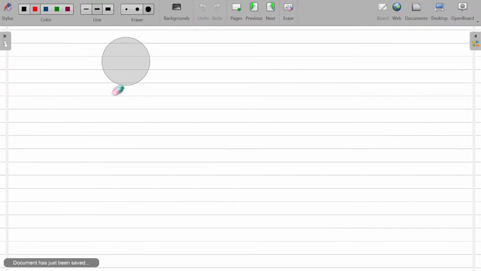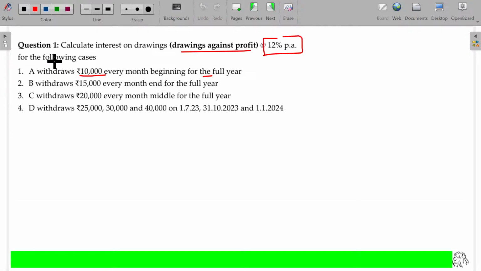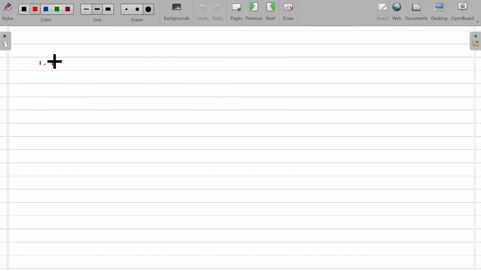Probably a year starts with 1st January. Otherwise, 1st April, like I can have 1st April 24, 1st May, June, July, August, September, October, November, December, 1st January 25, February 25, and March 25.